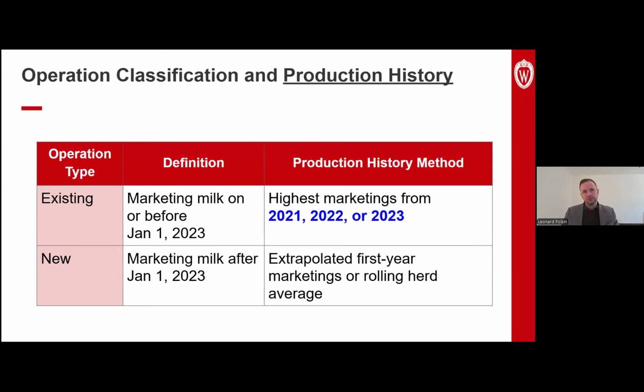They have a set of different methods they can use to figure out comparable operations, averages, things like this. They can use your rolling herd average. They have the methods in order to be able to do that. So if you're new, still plan on making that appointment if this is a tool that you're considering. And if you're existing, again, when you call that processor, you need your records for 2021, 2022, and 2023.